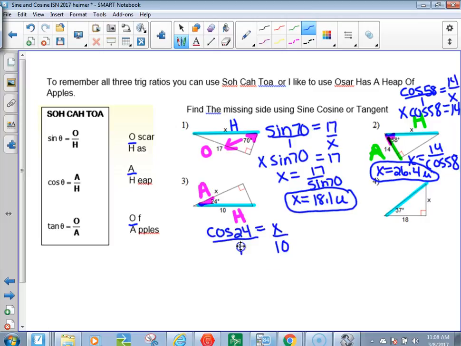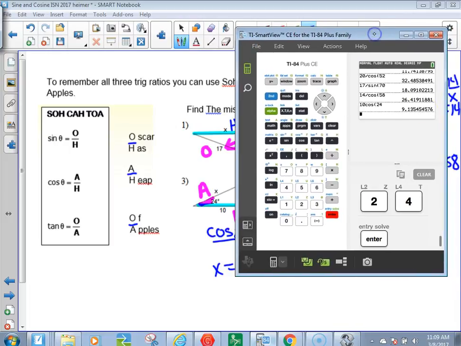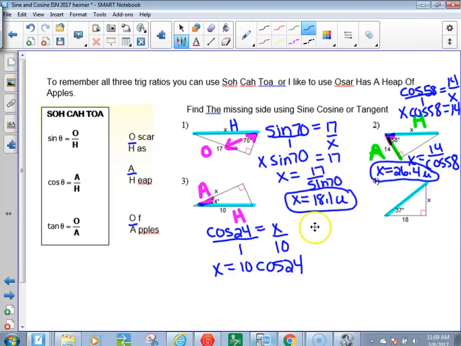So we're just going to calculate it. X equals 10 times the cosine of 24. I just can't see my little screen. There we go. 9.1 units.